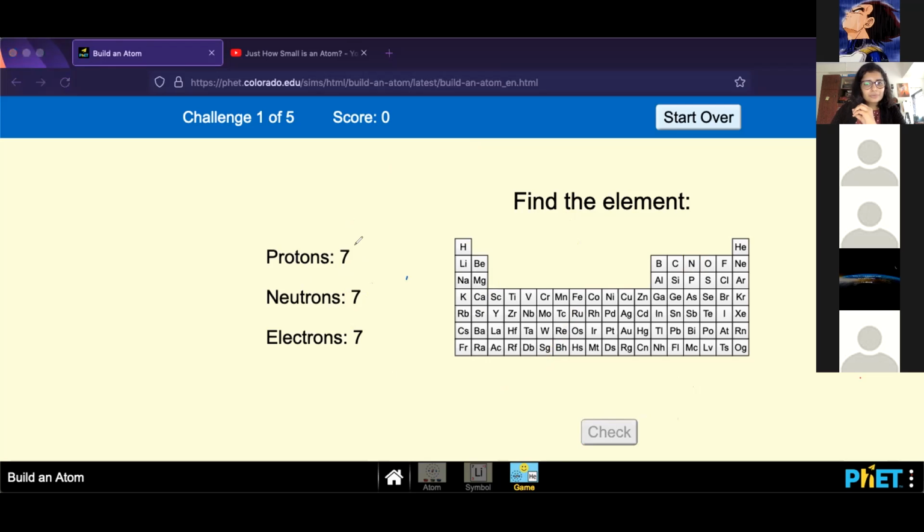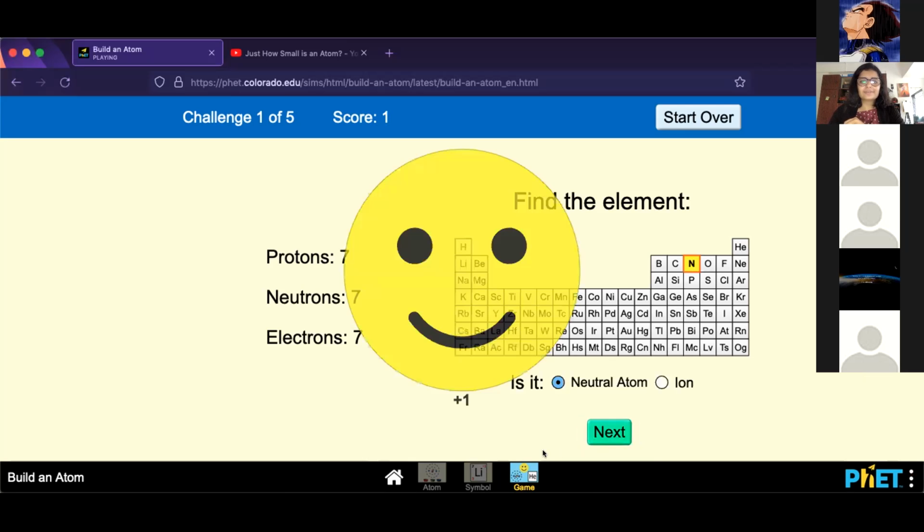It has 7 protons. Correct. 7 plus, 7 minus, 7 total कितना है? 0. Yeah, ma'am, got it. Okay. So try again. Neutral. 1 point ही मिला है.